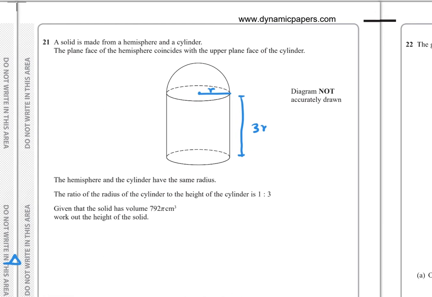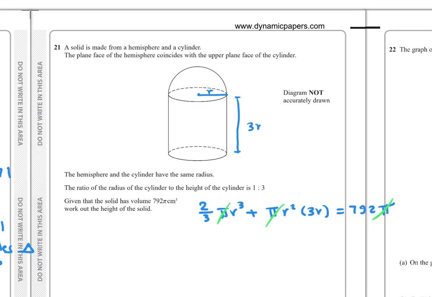The volume of the hemisphere is 2 over 3 pi r cubed, and the volume of the cylinder is pi r squared times the height, which is 3r, equals 792 pi. You can cancel pi with pi. So now you are left with 2 over 3 r cubed plus 3r cubed equals 792.